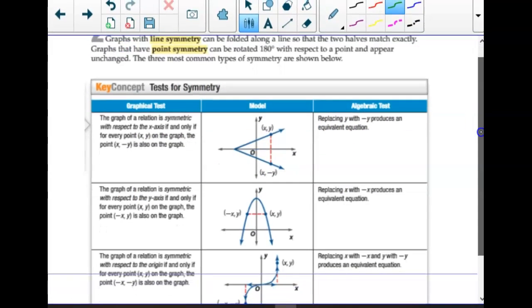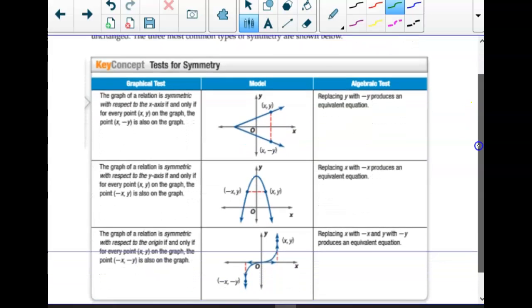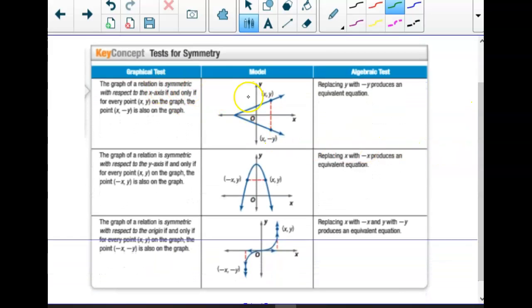So when we start talking about symmetry, graphs with line symmetry are folded along a line so that the two halves match exactly, where graphs with point symmetry are rotated 180 degrees to appear unchanged. The three most common types of symmetry are, this is x-axis symmetry.